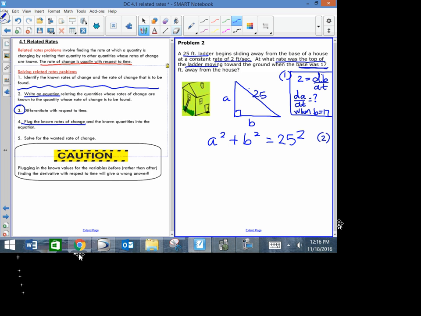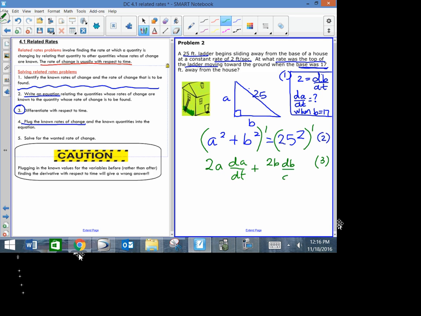Step 3, differentiate. Okay, so here we go. Differentiate each side. Kathleen, tell me what the derivative of a squared is. And the derivative of b squared, Emily? 2b.